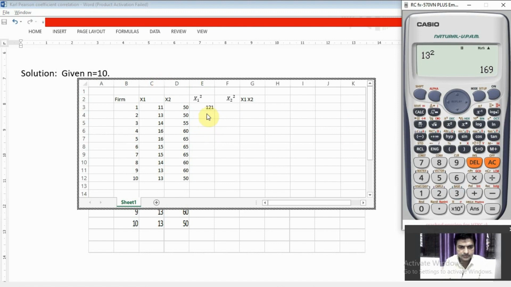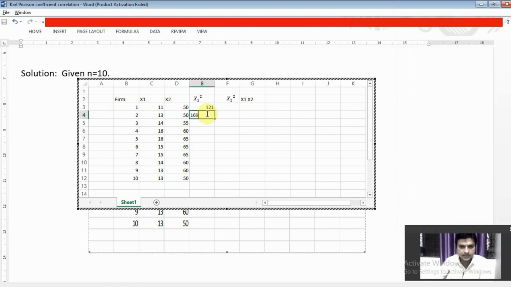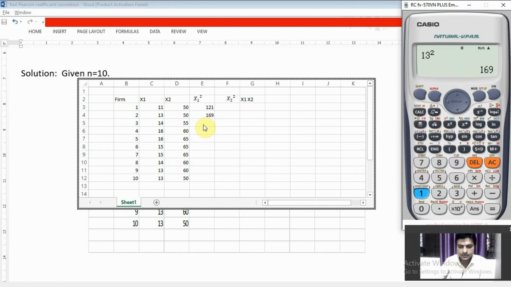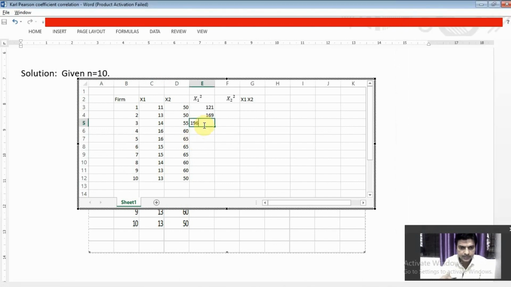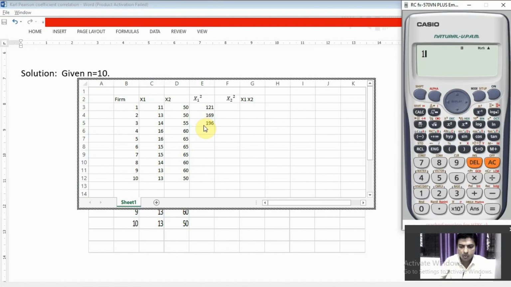169, put it in here. Then we have 14 square, friends. So 14 square, you have to do it quickly. It is 196. Let me take here 196. So like this, you have to take all the squares. Using the calculator, it is very easy. 256, next one.